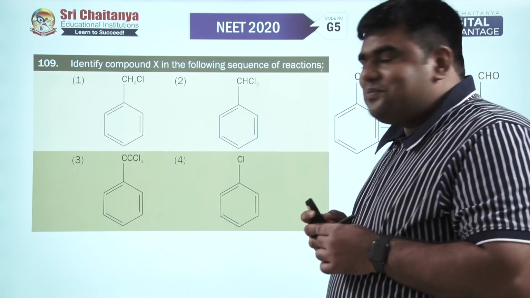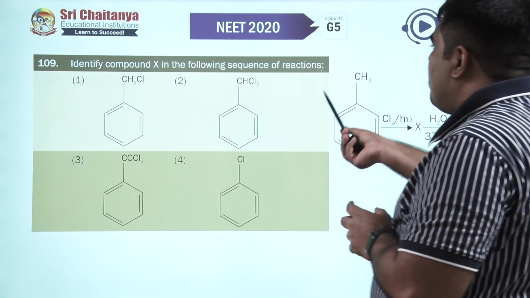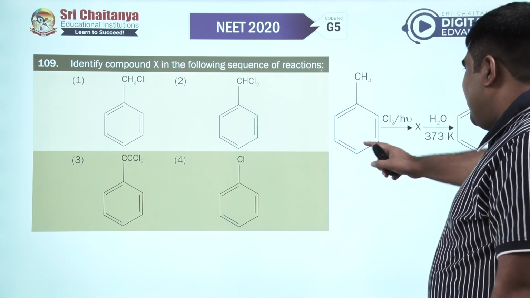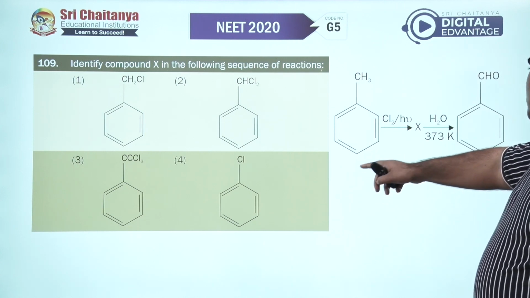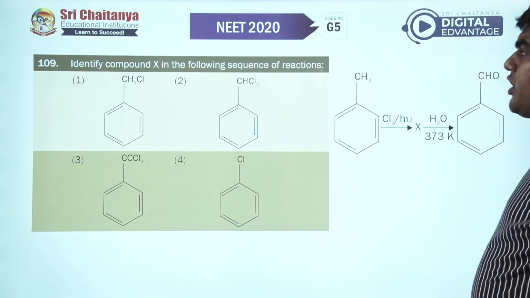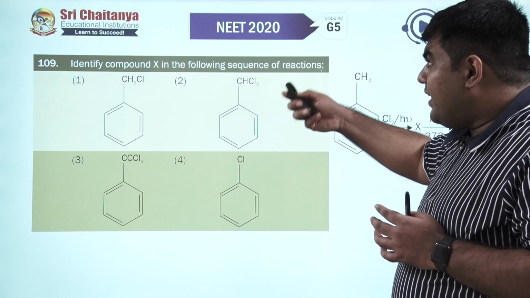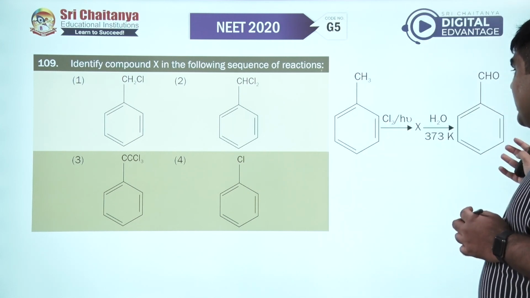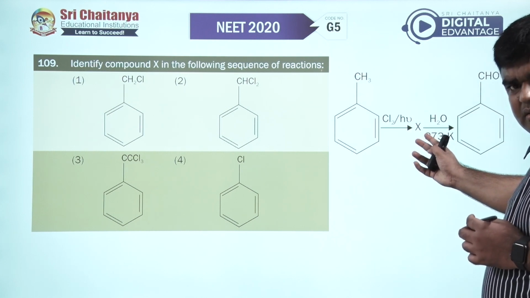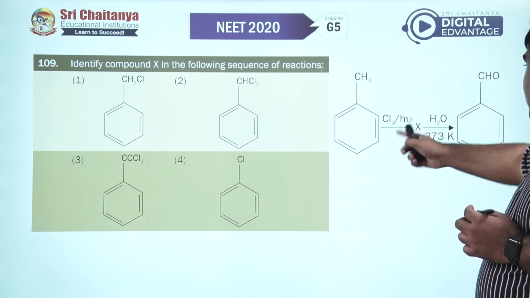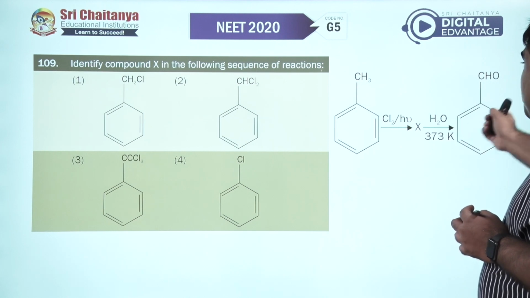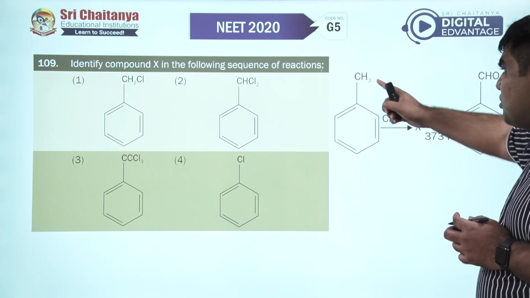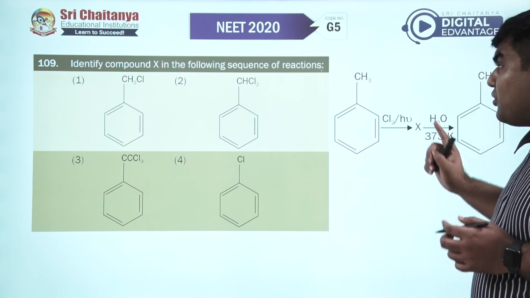Moving to 109. Identify the compound in the following sequence. So we have been given question number 109, identify the compounds in the following reaction. We have to find X. If you look, there is only one possibility to get the product if there are 2 chlorine atoms attached to the carbon, not 3.